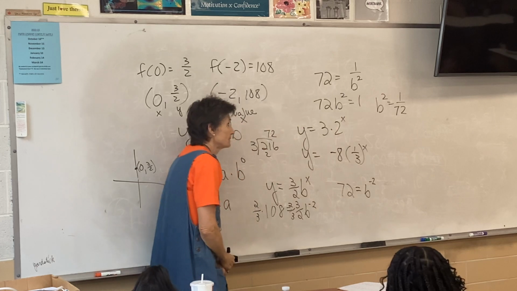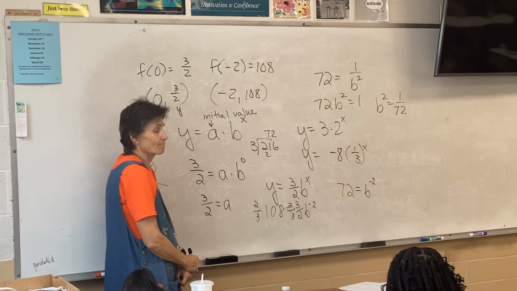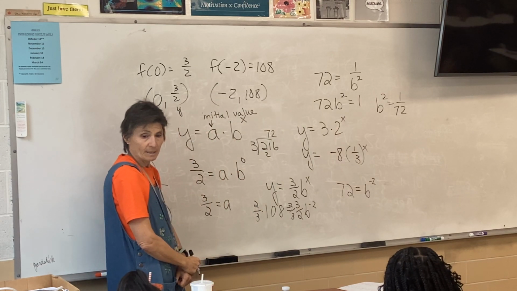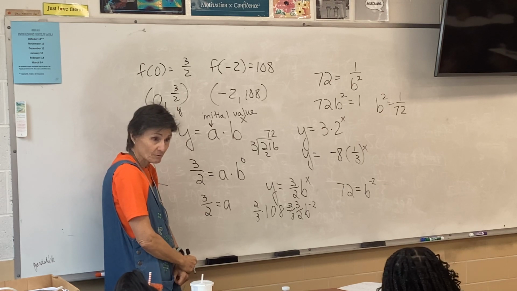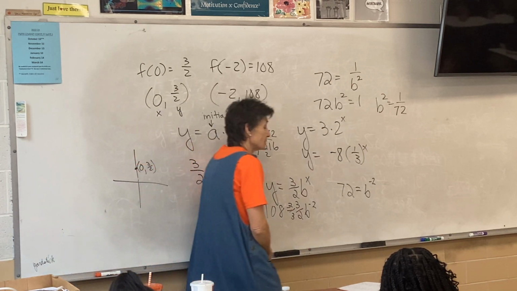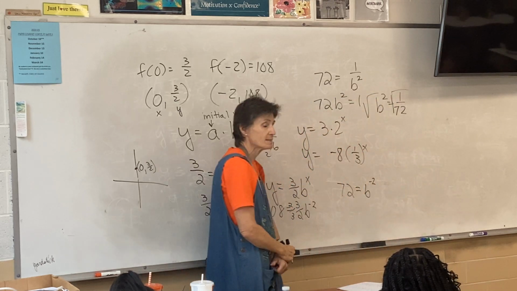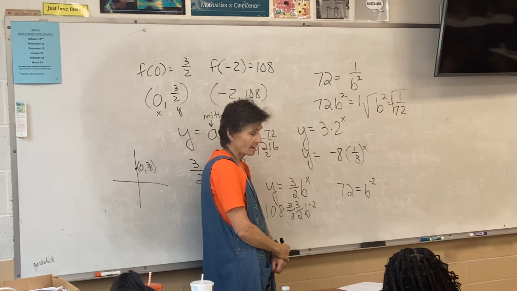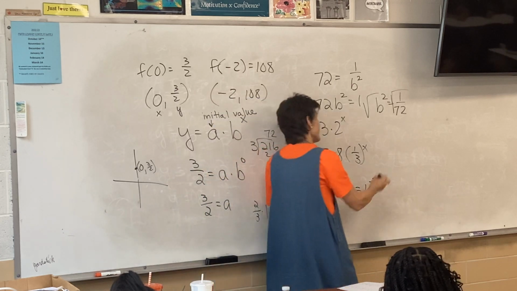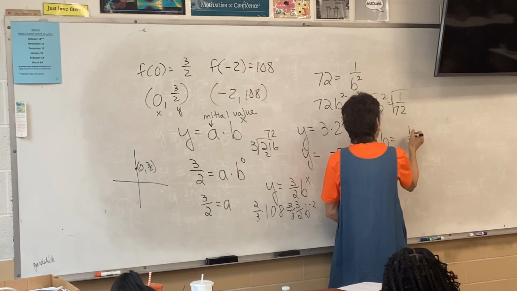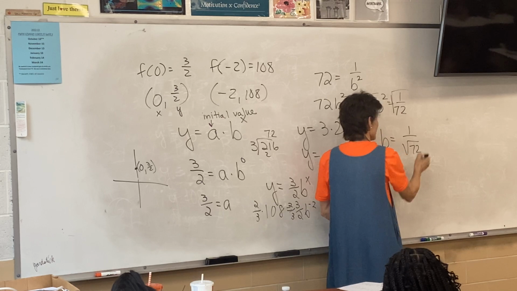Yeah. That's what I would do. And then to get b, I guess I'm going to have to square root. So Jake, this is what you were talking about, because it didn't come out nice. Because someone did not plan it properly carefully, that would be me. So b equals 1 over the square root of 72, everybody okay with that?